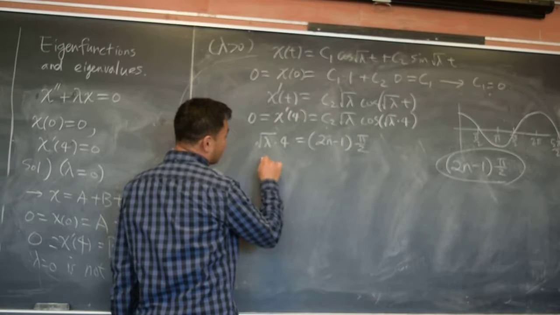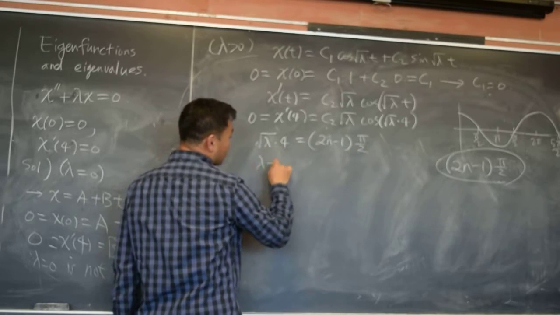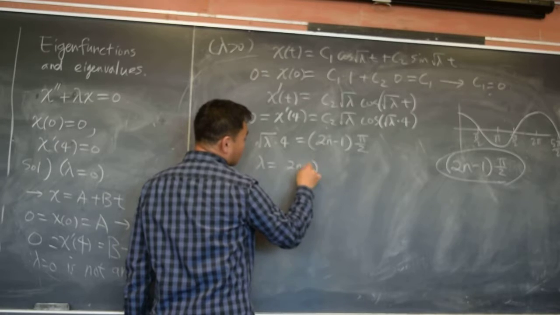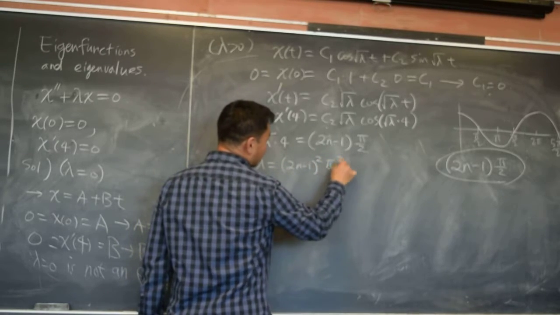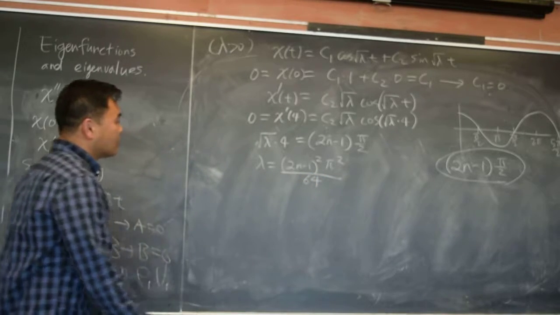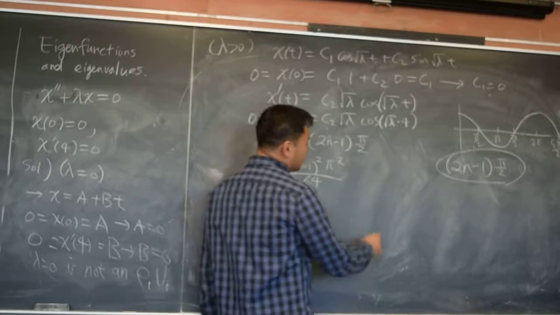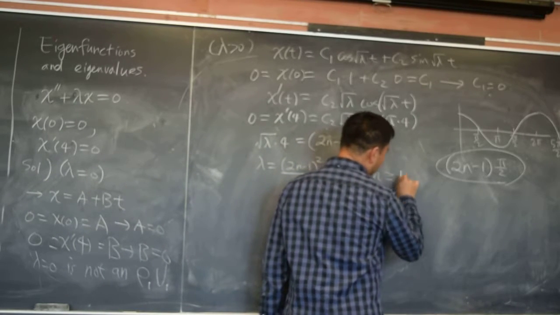If you divide by 4, that's 8, and when you square it, you get lambda equals 2n minus 1 squared, pi squared, over 8 squared, which is 64. Those are your eigenvalues.